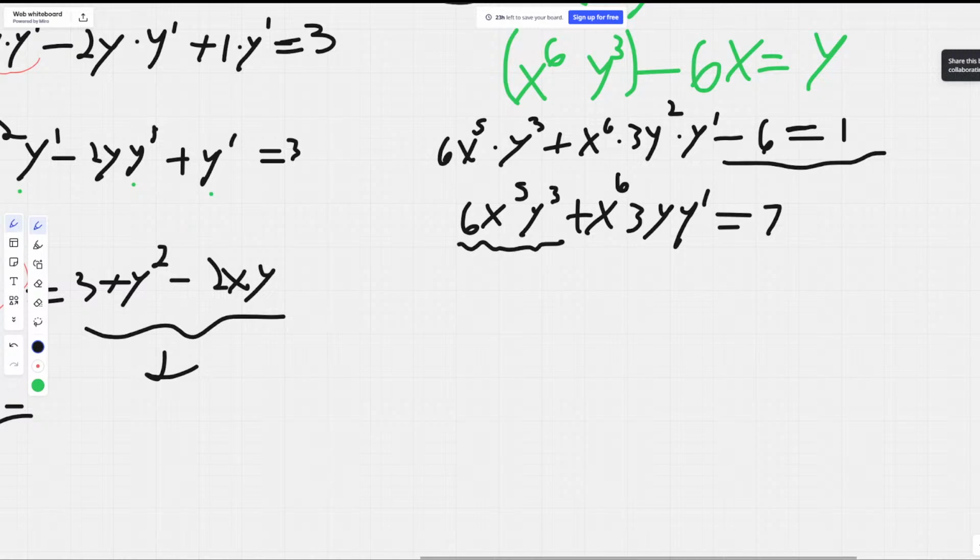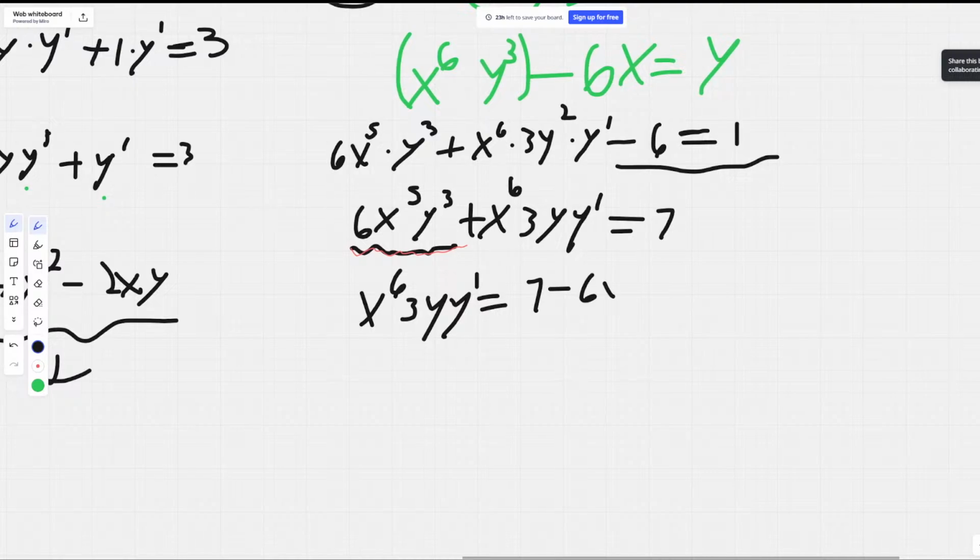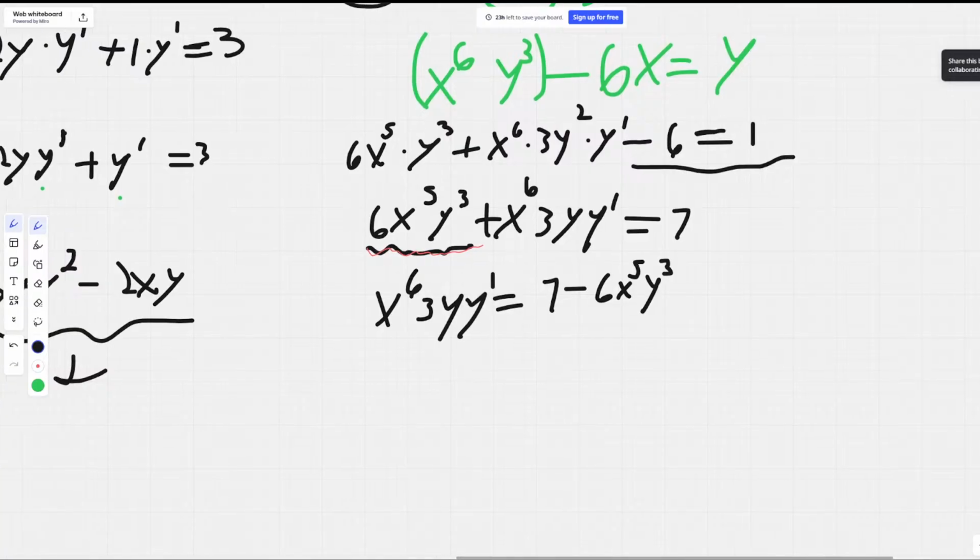To make it a little easier, we'll start with this section here. That will be x to the 6th times 3y squared times y prime equals 7 minus 6x to the 5th times y cubed.